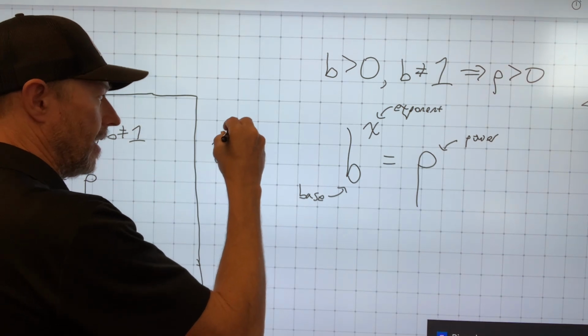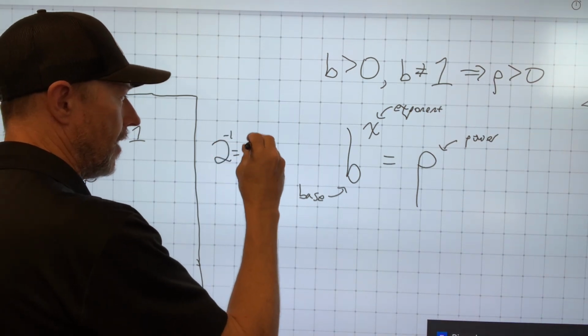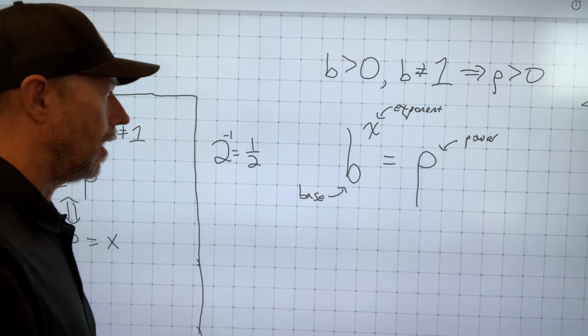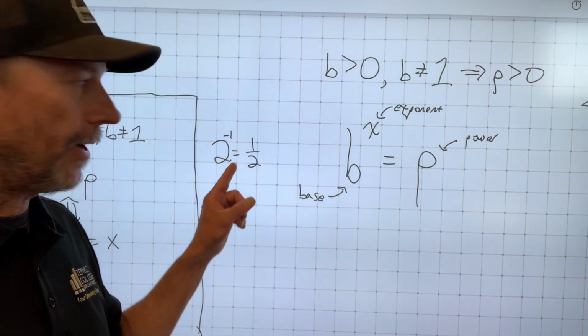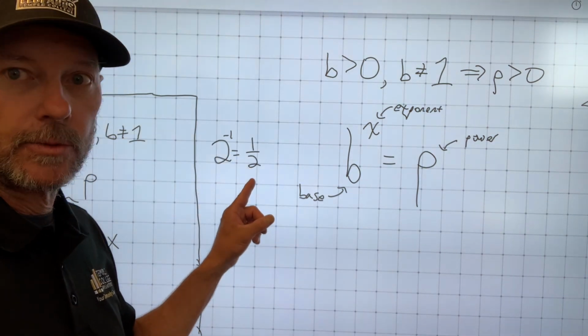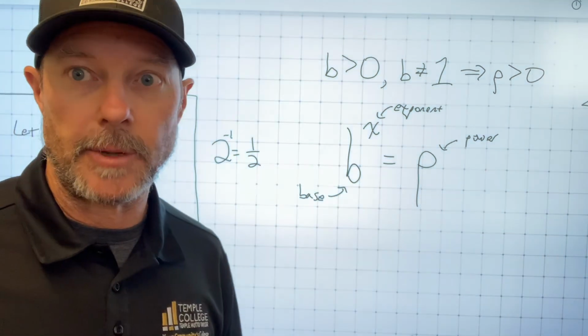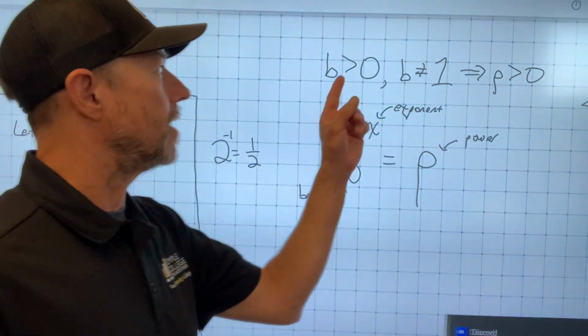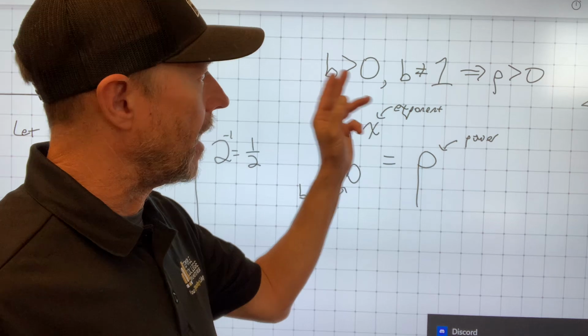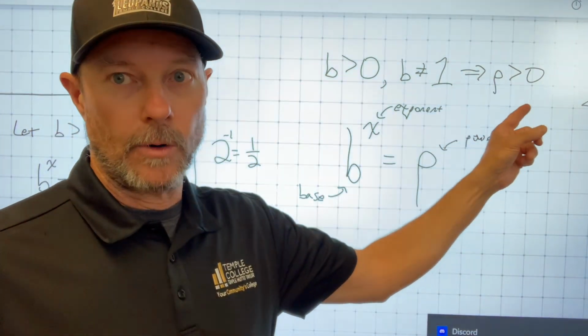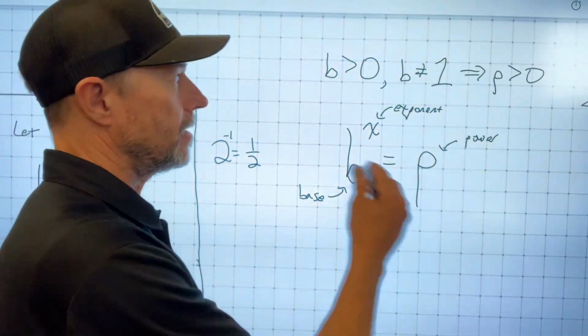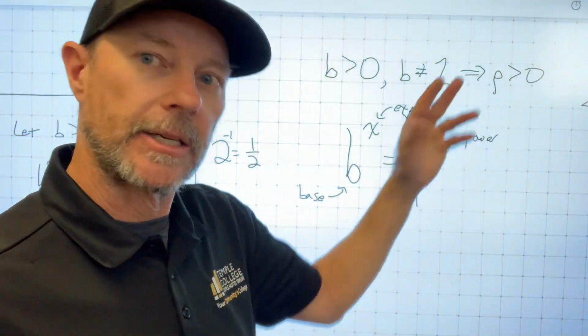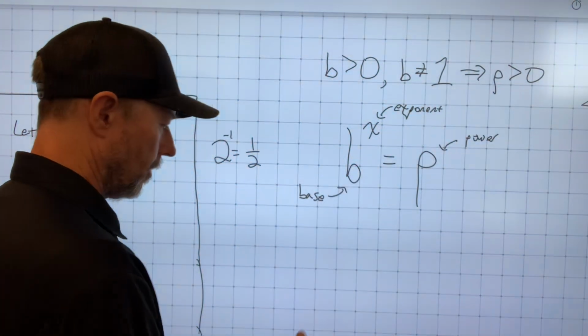But remember, a negative exponent just means the base is equal to a reciprocal, and the reciprocal is still going to be positive. So when we say the base is positive, that means that the power will also be positive. And that's not usually stated in the definitions because it's implied, but I think it's important to point out.